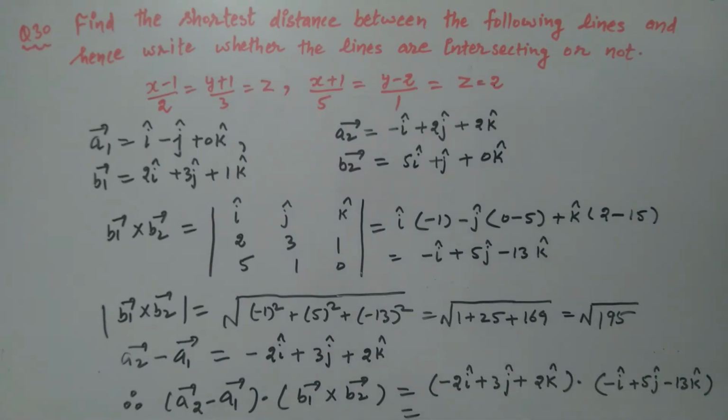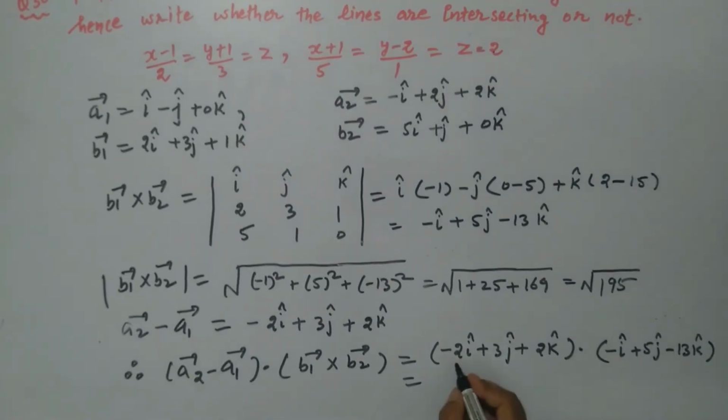Dot product, this becomes 2 plus 15, and 2 into 13 is minus 26, which is equal to minus 9.